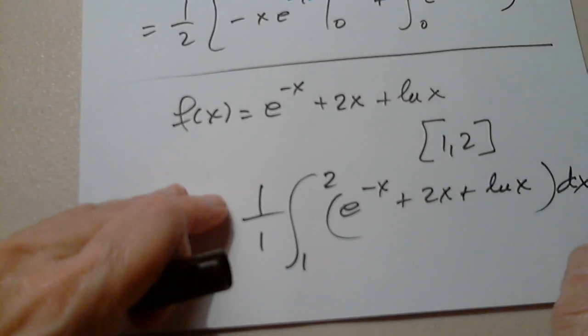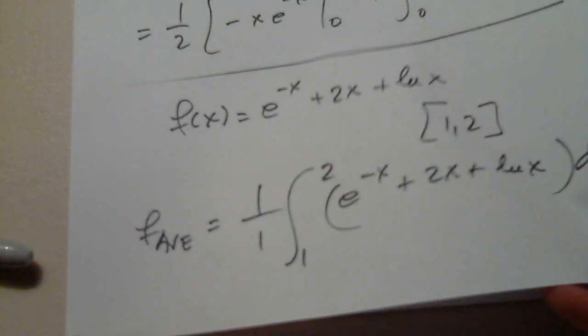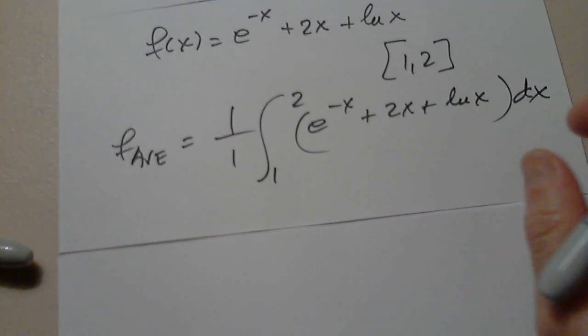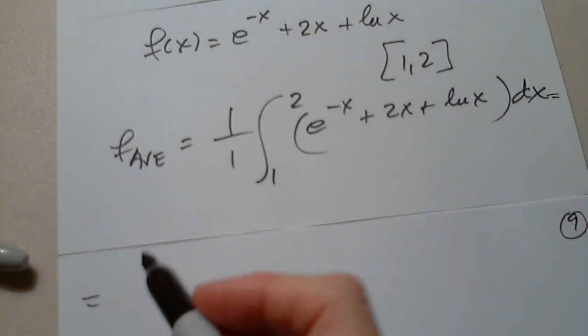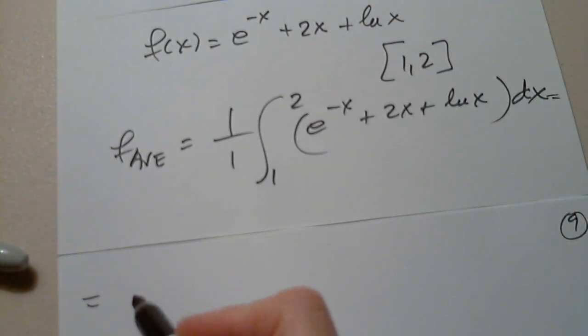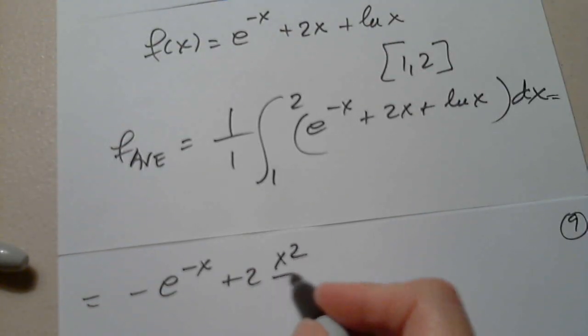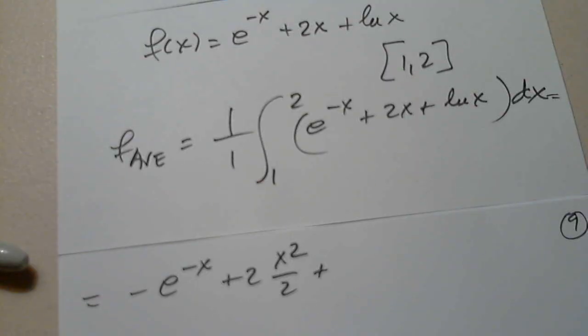Okay. We are able to determine this straightforwardly, the antiderivative of that function. So negative e to negative x plus 2x squared over 2. Again, I chose something that we don't know the antiderivative of, natural log.